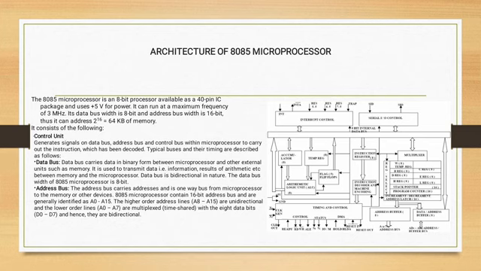So what is address bus? If we focus on this particular diagram, we can see 8085 has 16-bit address bus and are generally identified as A0 to A15.